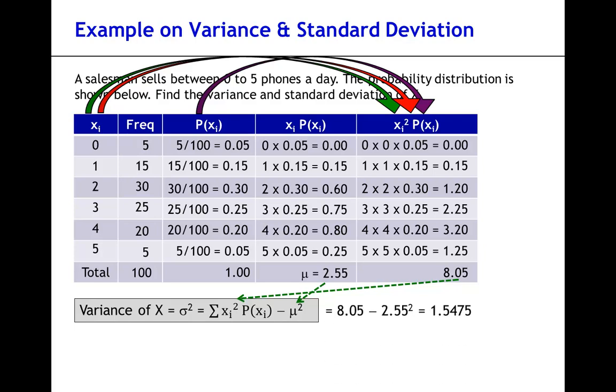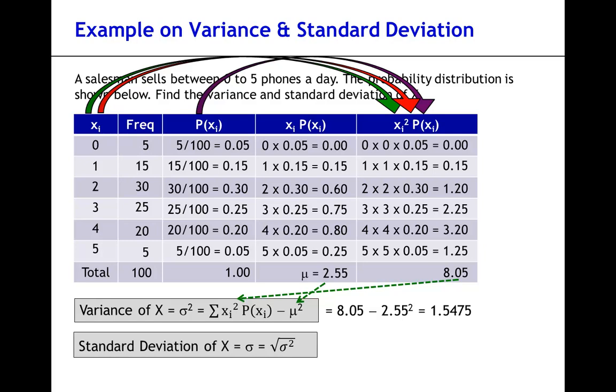That should bring us to the answer of 1.5475. To get the standard deviation, take the square root of the variance to get 1.24 phones per day. This can be interpreted as, in the long run, the number of phones sold can deviate by 1.24, or slightly more than one phone away from the mean.